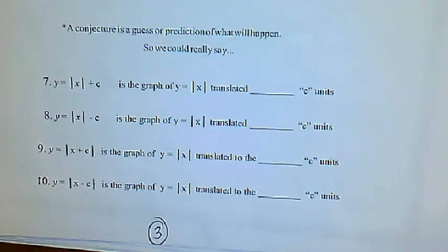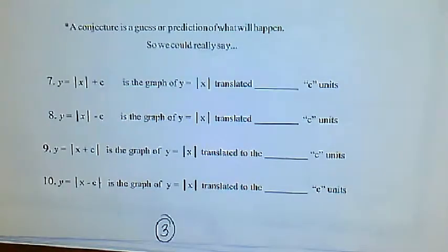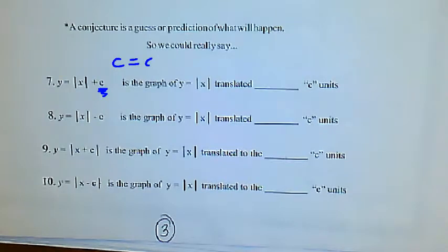All right, and we'll finish this off with going through a couple different translations. So if we add, C is a constant, so a number. If we add C to the whole absolute value, this is going to be translated up however many units you're adding.